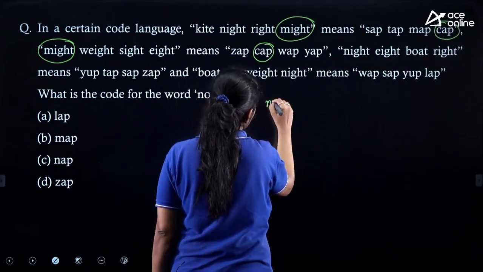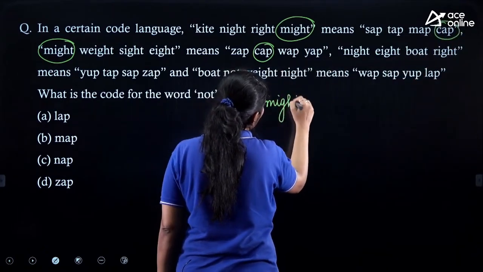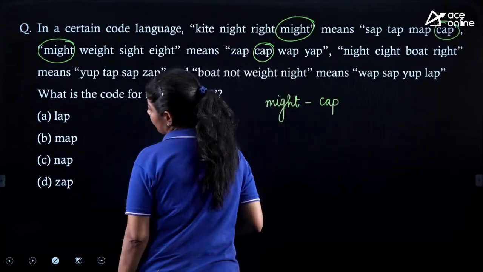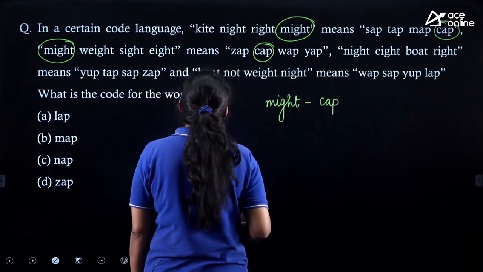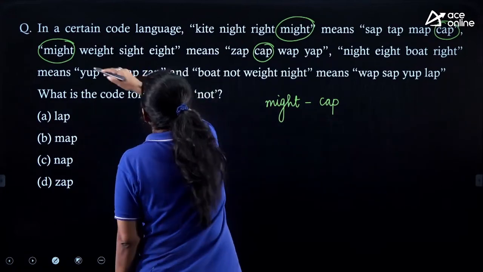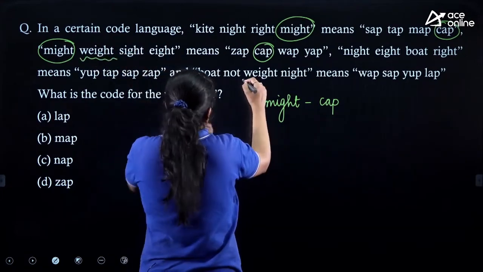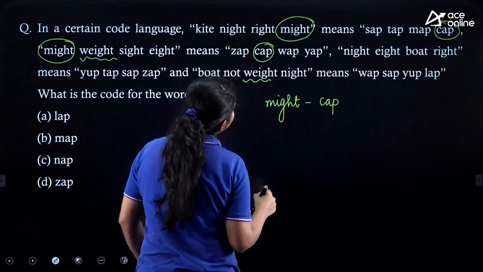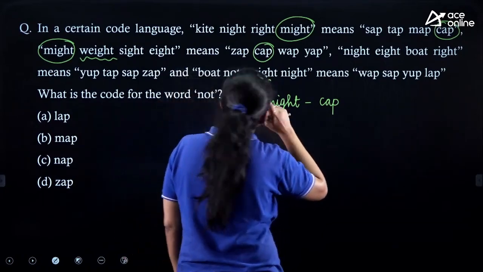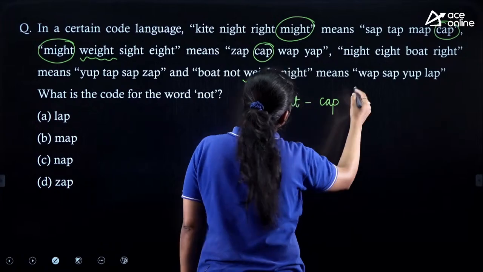So we can say that for the word might, the code that we have used is cap. Next, the next one that we are having over here is wait. Apart from that, there's nothing common in between these two. So the code that we are having over here is VAP.